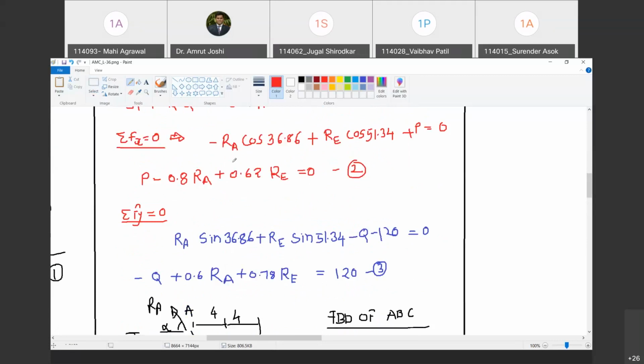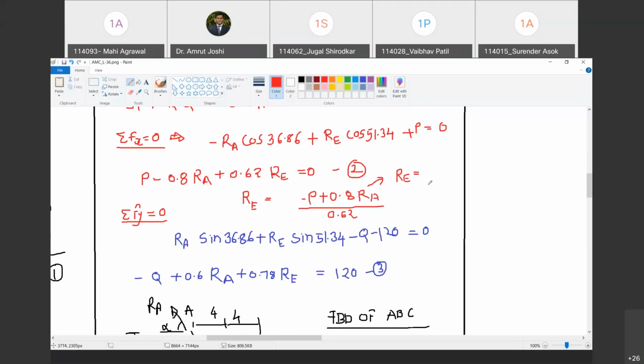Here I can say that this RE is equal to minus P plus 0.8 RA, this entire thing divided by 0.62. Are you with me? Yes, sir. Do you agree with me? So what is the value of RE?